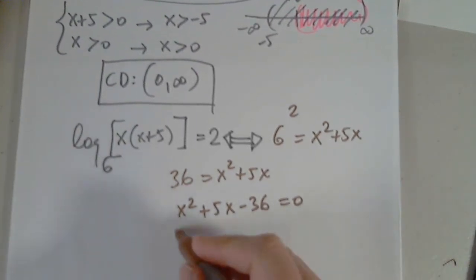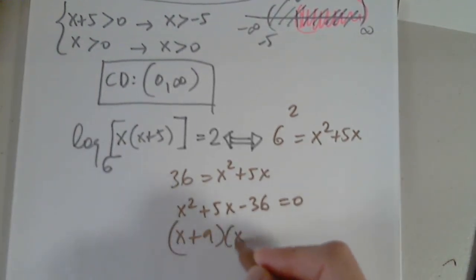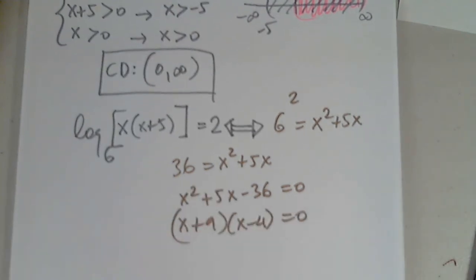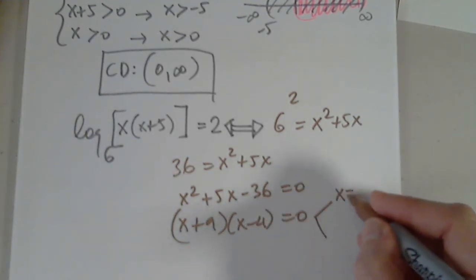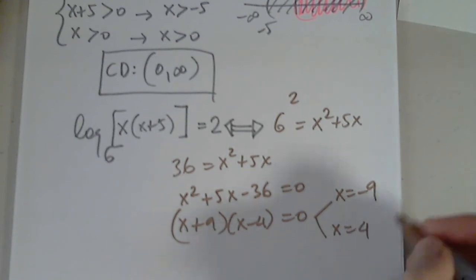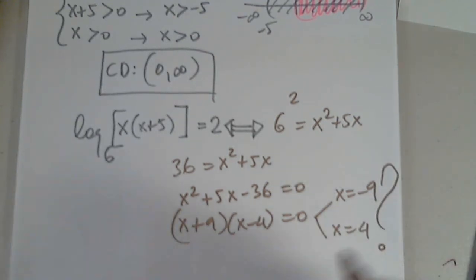I see a 9 and 4. Right? So x squared, and then plus 9x minus 4x, and I get two solutions. x equals -9 and x equals 4 with a big question mark.